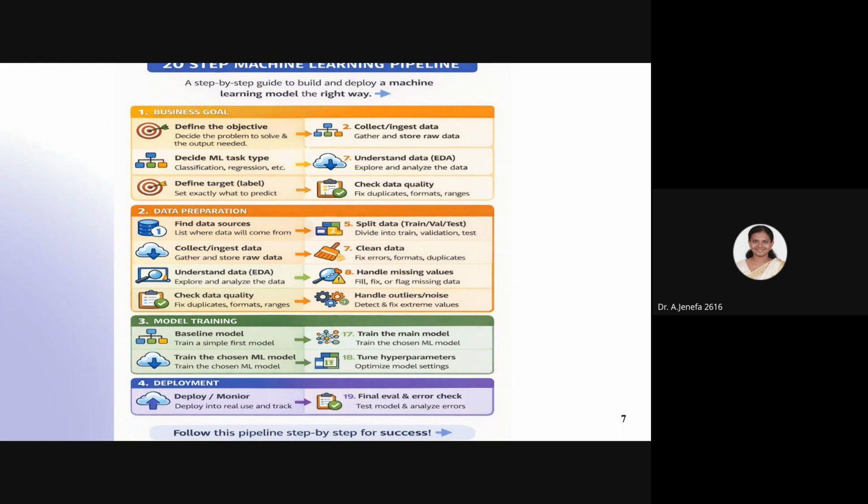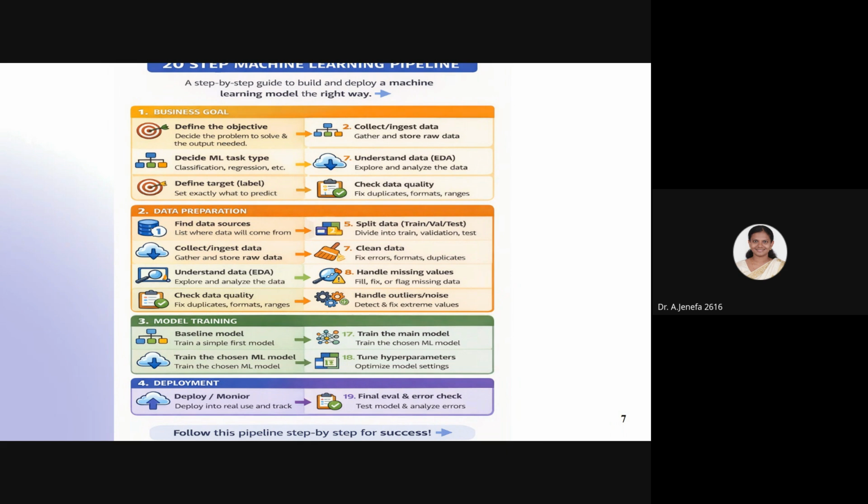As you can see here, the sub stages are included in each main stage, at least six in each. These are the sub stages that we do before we proceed to the next stage.